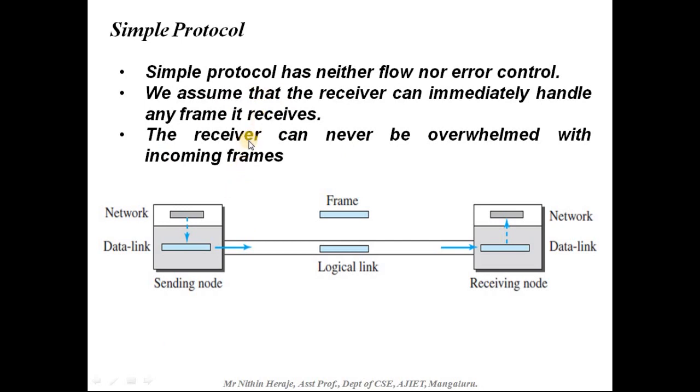These are the two assumptions made in the simple protocol. If you look at this diagram, this is the packet coming out of the network layer and going towards the lower layer, that is, the data link layer.